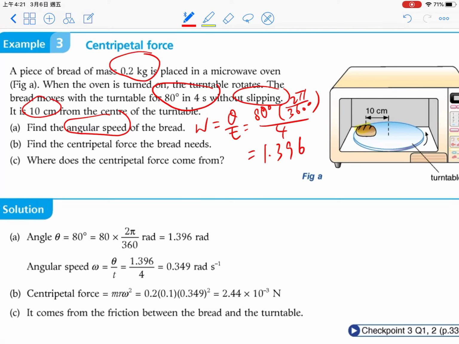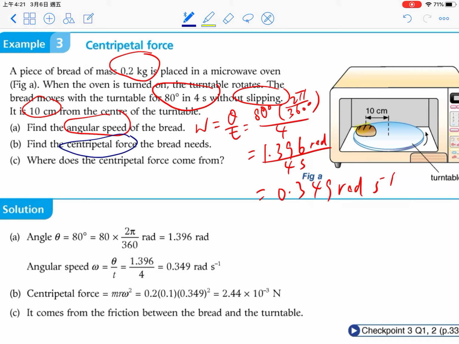So we get 1.396 radians over 4 seconds, so it will be 0.349 radians per second. So this is the angular speed.